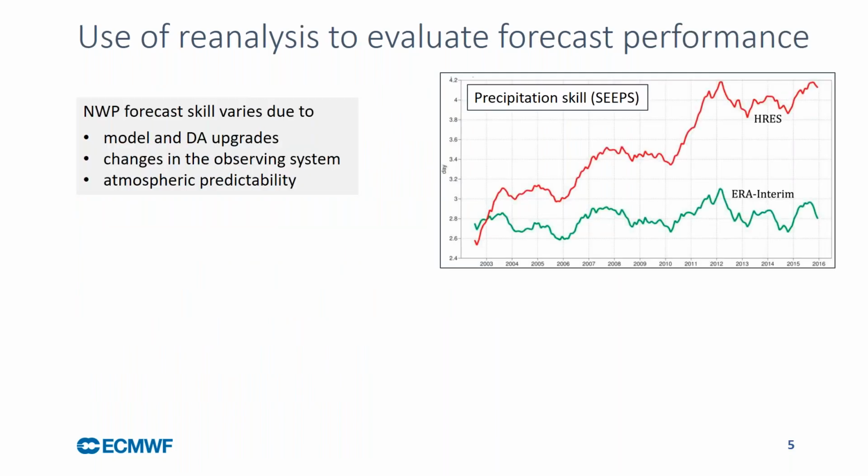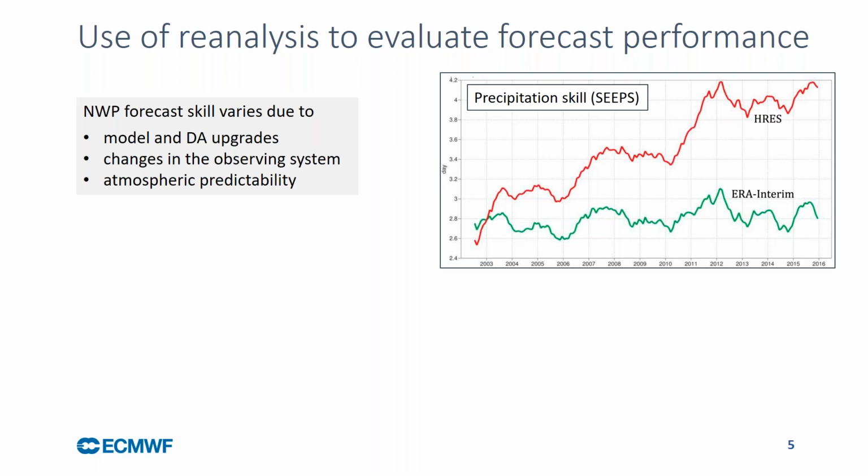So I want to just give a very quick example of how reanalysis can be used in evaluating forecast performance. This is something really embedded at ECMWF in the culture to do this kind of thing. So we know that the forecast skill in NWP changes over time, hopefully in the positive direction, but due to several things.